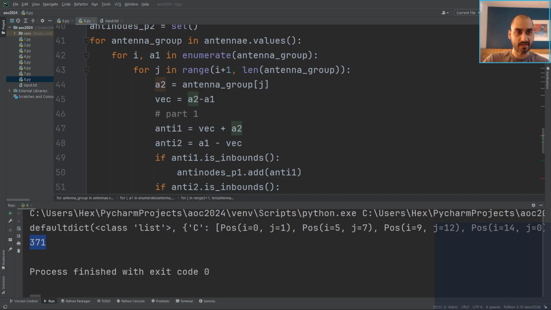But not inside. The bit they're not saying. Okay. Some of the new antinodes will occur at the position of the antenna. Yeah, okay.